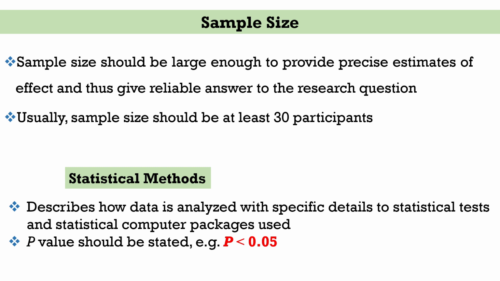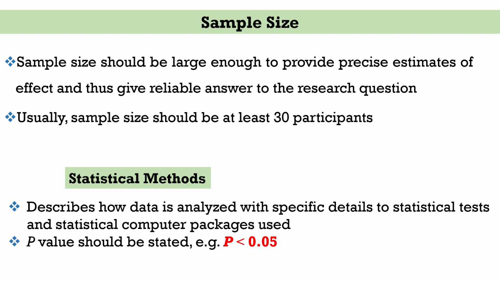Often it is recommended that you have at least 30 participants. This is common in clinical research, so that the conclusion that you make from your findings can represent the larger population.